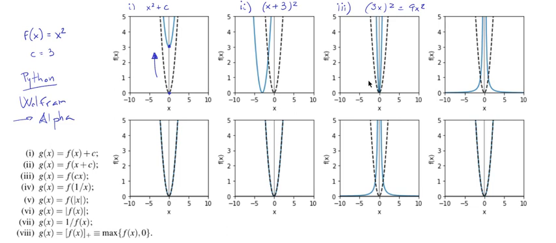So if 3 has this value in the black line, to have the same value in the blue line, I would have to plug in 1/3 of 3, right? So I'm compressing the x-axis.